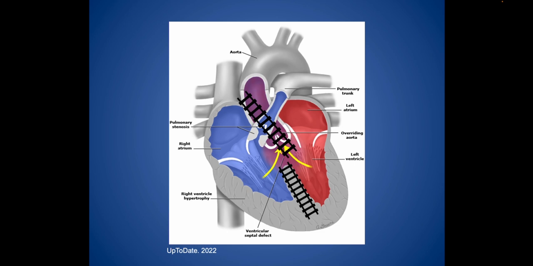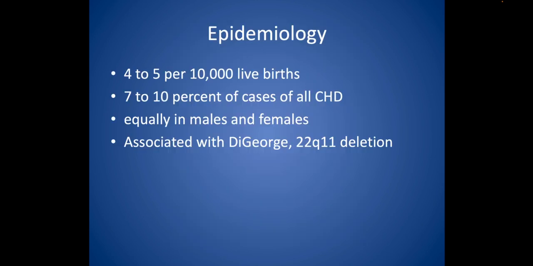So with an anterior malaligned defect, it pushes that pulmonary artery, resulting in pulmonary stenosis. It results in a larger aorta, the posterior part of it, so you have an overriding aorta, and then you have this gap where you have a ventricular septal defect. And so that's really the etiology of Tetralogy of Fallot.